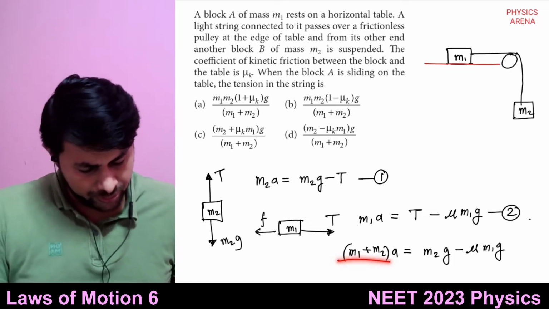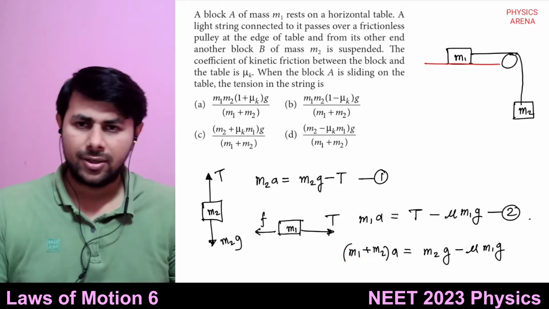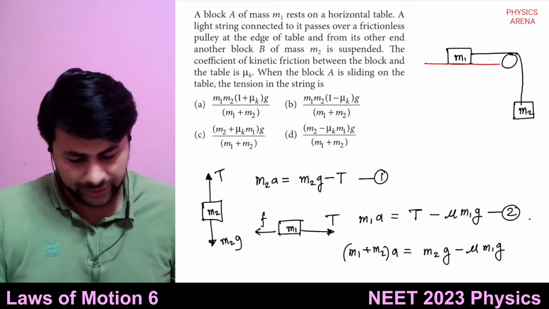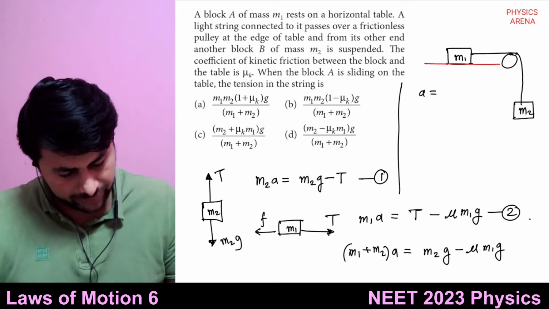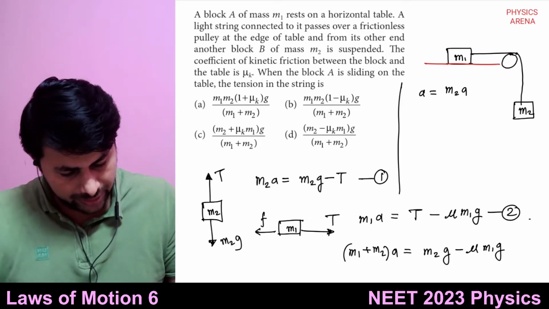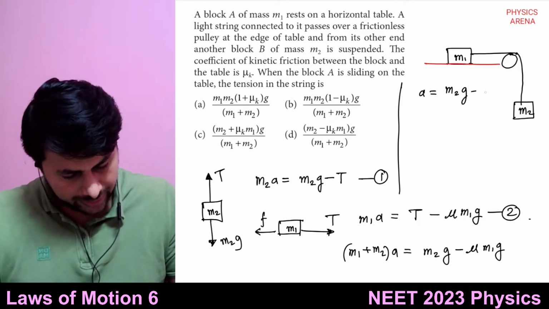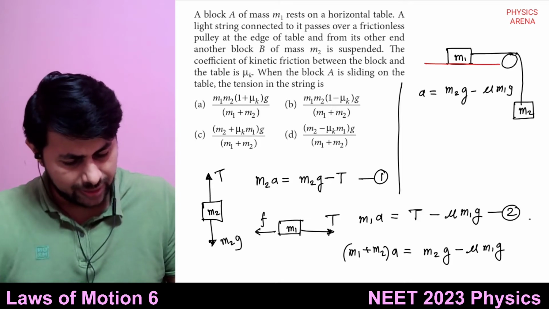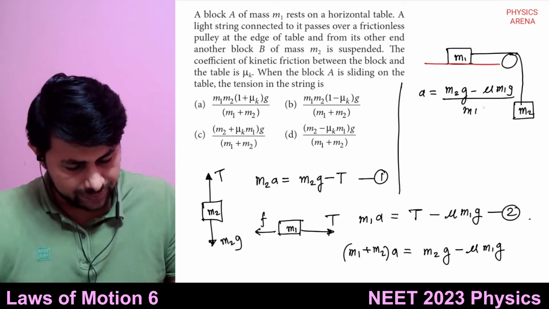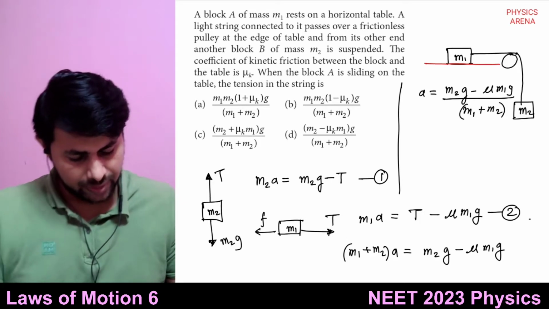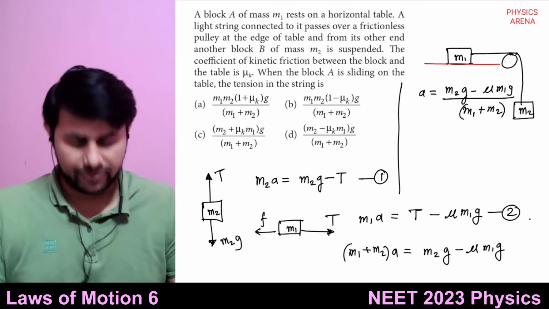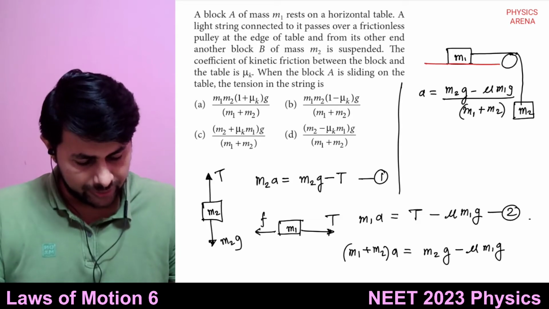And if you move this (m1 + m2) towards the right, you get the acceleration: A is equal to (m2 g minus mu m1 g) divided by (m1 + m2). And substitute that in the first equation or second equation to find out the tension.